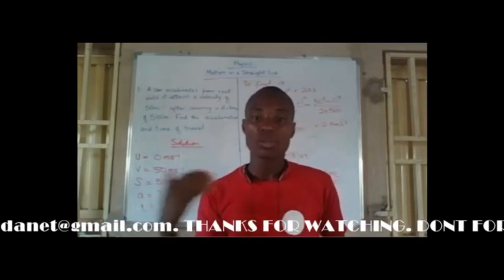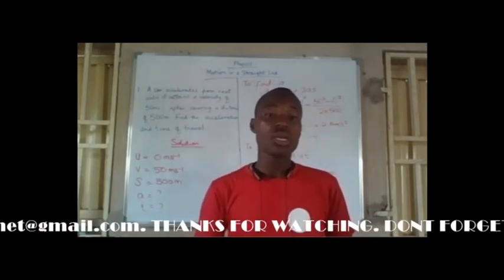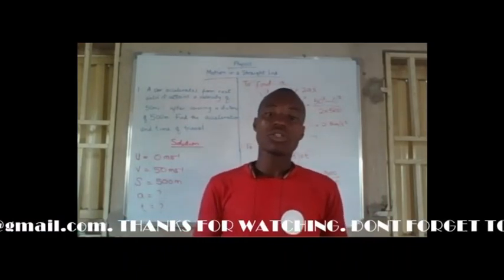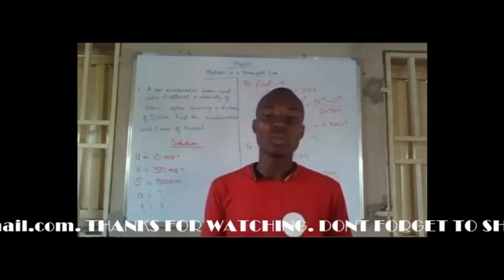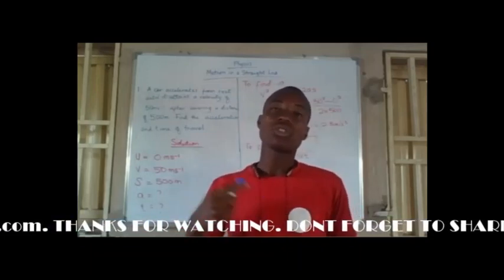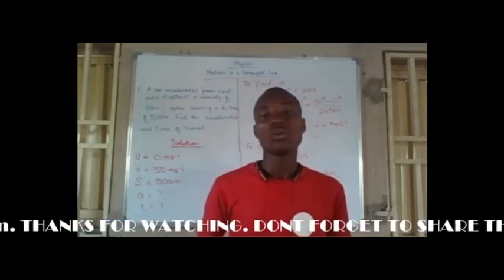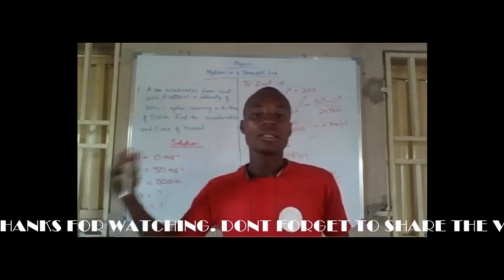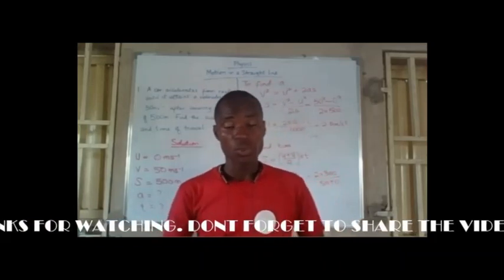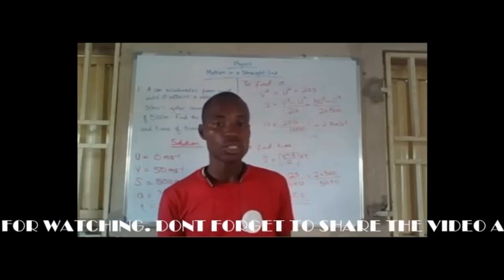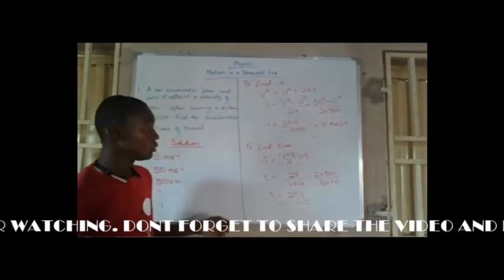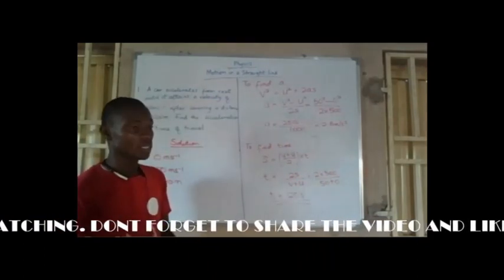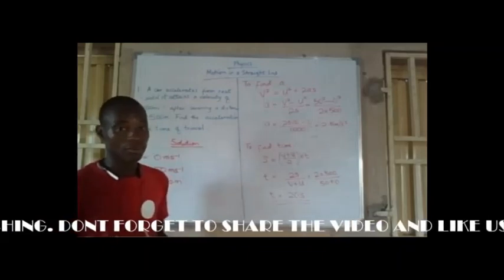Just know the appropriate equations to use. Every time you're given a problem and you're asked to find more than one thing, just look for an equation that has one of the unknowns missing, and use that equation first to begin to solve, and then you can proceed. For this one, we can still use v equals u plus at, and we'll get the same thing.